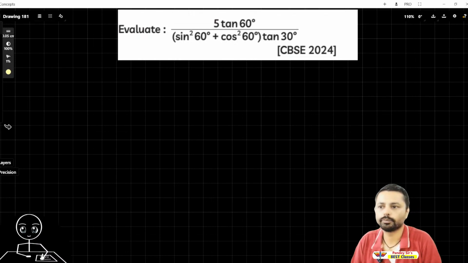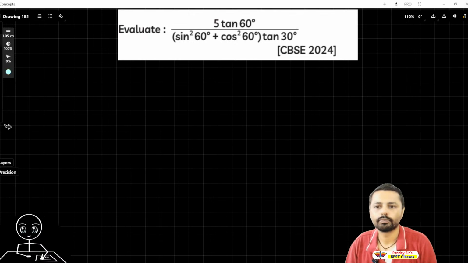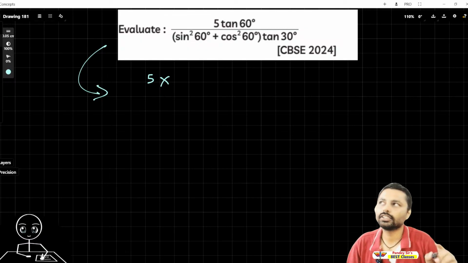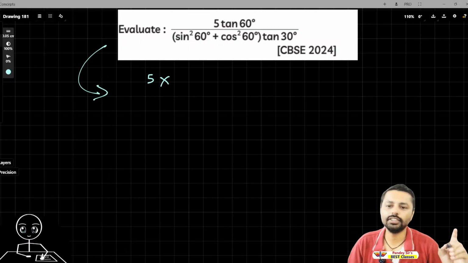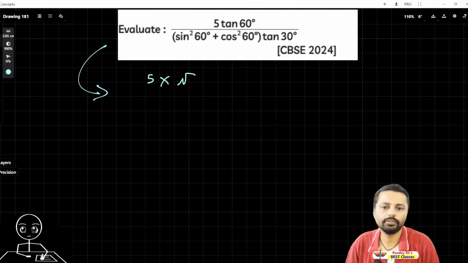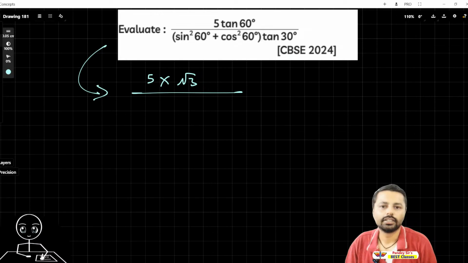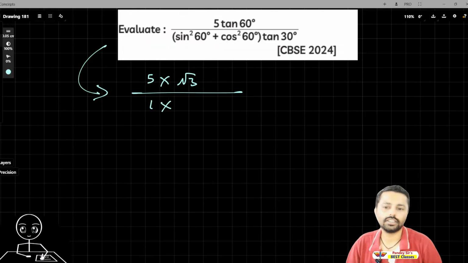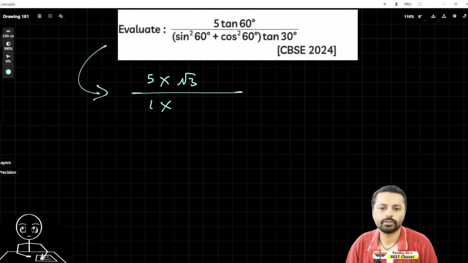Now let's do it. 5 into tan 60 value, root 3, whole by sin square theta plus cos square theta, that's 1, so just 1 into tan theta. Tan 30 is 1 by root 3, so 1 by root 3.